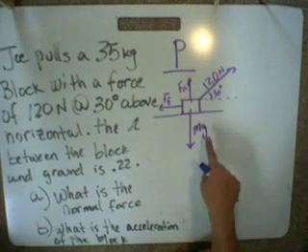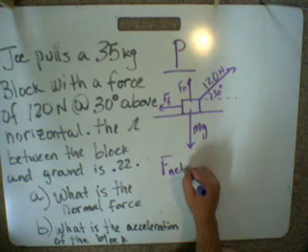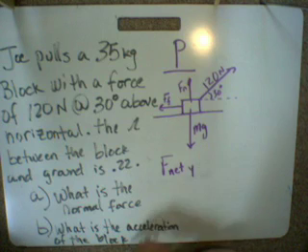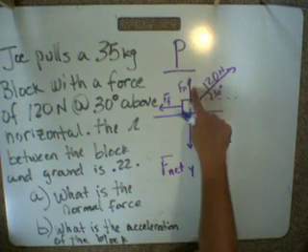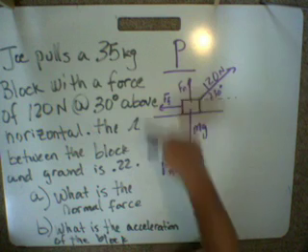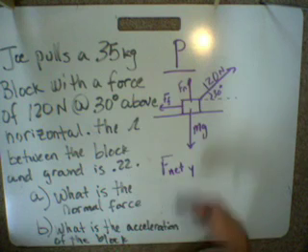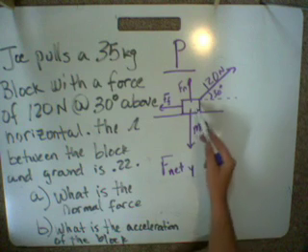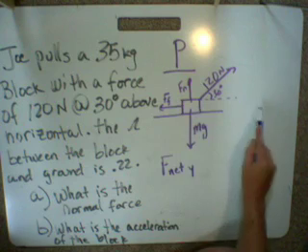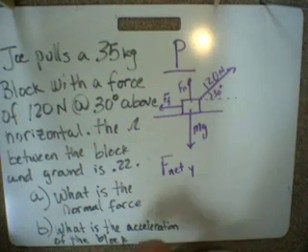In order to find the normal force, we need to find out what is the F net in the y direction, because in the y direction, that is where the normal force exists. Now, we have to see, is the block actually accelerating in the y direction? Because the block is only traveling horizontally in this problem, it will not be accelerating in the y direction.